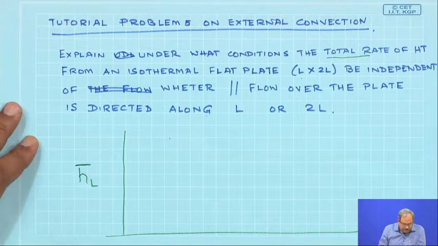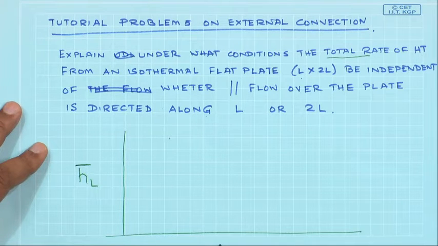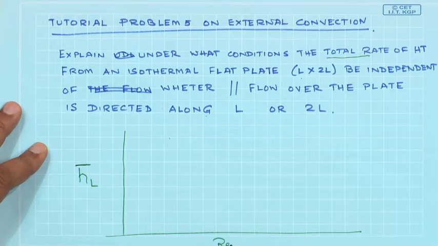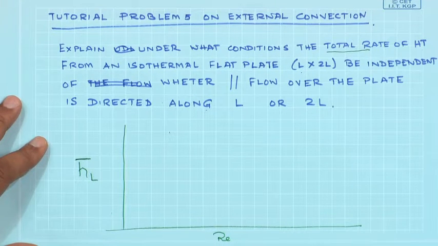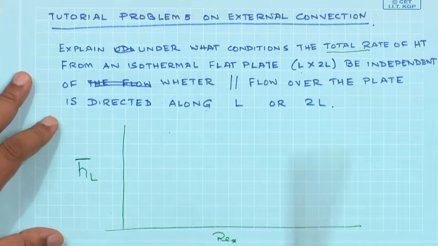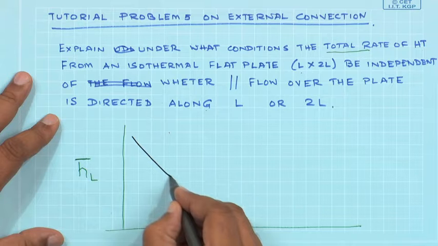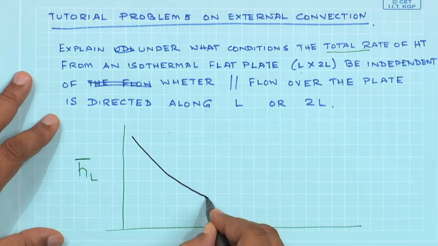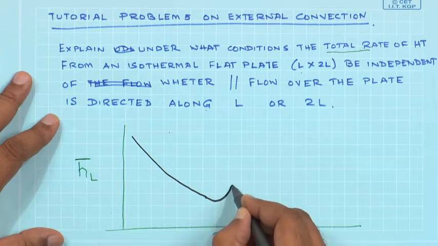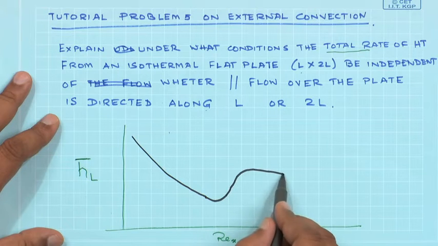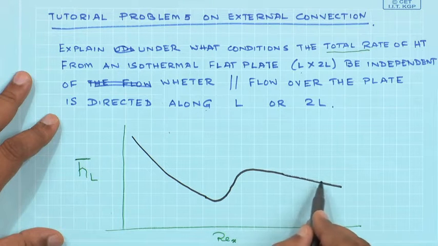I can plot it with x, but let us say I am plotting it with Reynolds number in this case, which is a function of x. Since h_L is a function of Reynolds number based on x, I can express it in this form as well, and this is how it would behave.